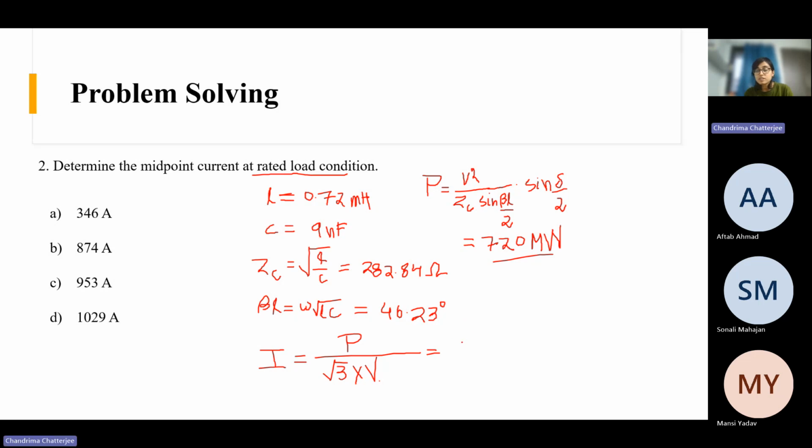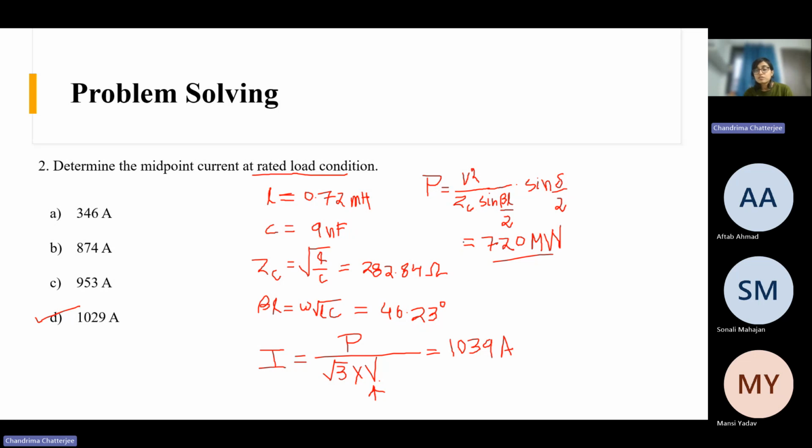So this is 720 megawatt, and here this is 400 kilovolt. So this is coming 1039. This is slightly different, but we can take the closest option. The closest option is this one, option D.